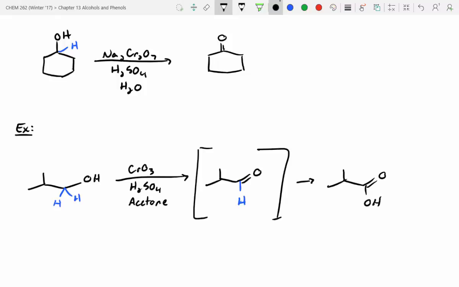So this aldehyde is difficult or impossible to isolate. The aldehyde is really, really reactive and will get over-oxidized to the carboxylic acid whether you want it to or not. Tomorrow when we come in, we'll talk about an alternate route where if we have a primary alcohol, we can use a more gentle oxidizer and actually stop at the aldehyde.